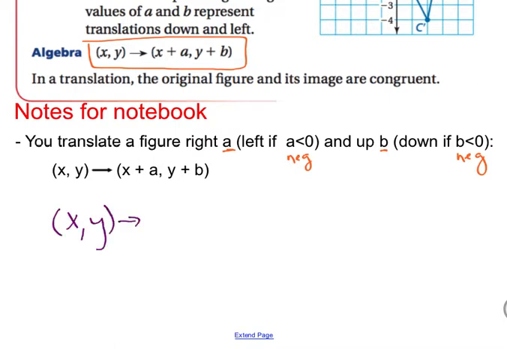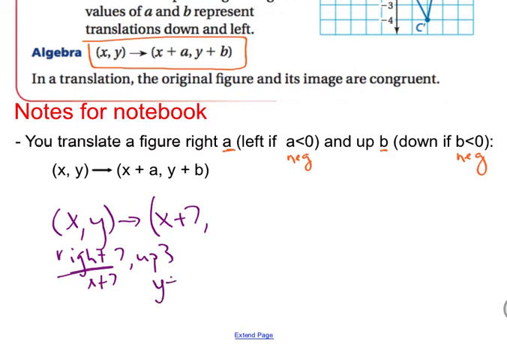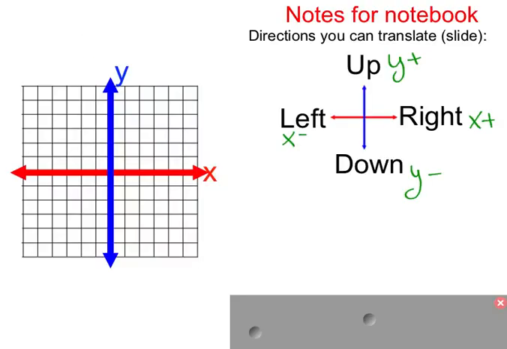If I move right 7, up 3, this would be x plus 7 because right is plus on the x's. Up is plus on the y's. So this should be y plus 3. Now a few slides back in the other video, I had you write down this.